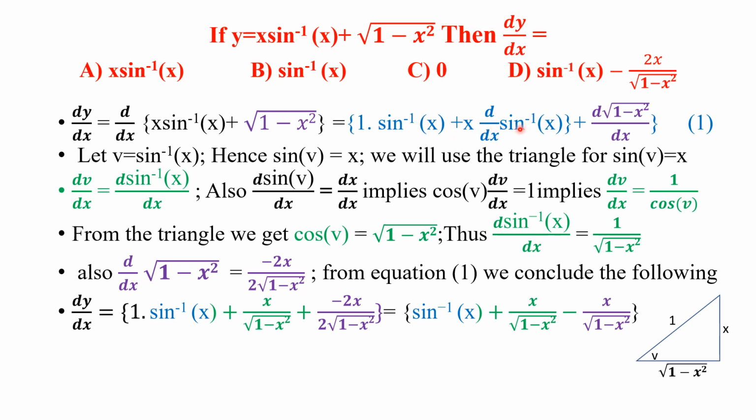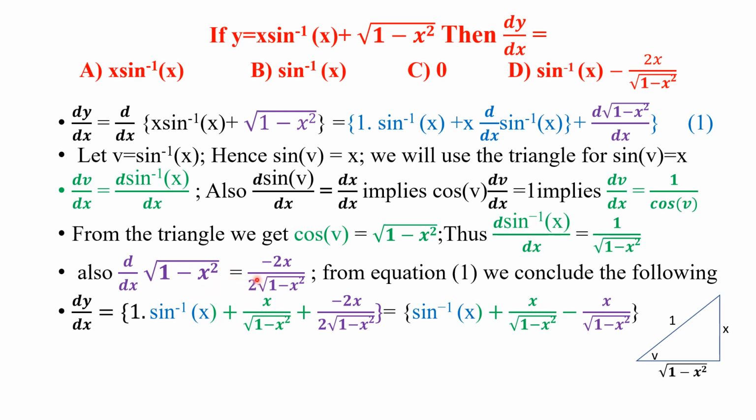But we just said that the derivative of sine inverse of x equals 1 over the square root of 1 minus x squared. So instead of the derivative of sine inverse of x, we put here x multiplied by 1 over square root of 1 minus x squared. And that is the second term of the derivative of the first term.